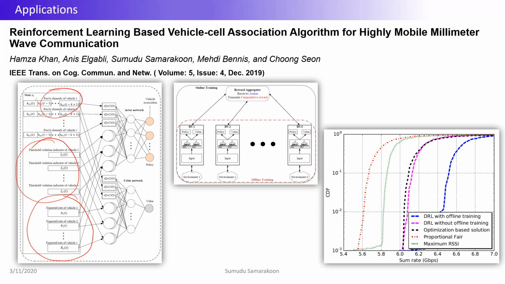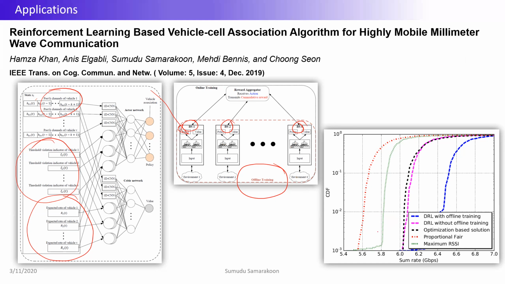The training has been done in an offline manner, considering different environments and training this network at each base station separately, and during the online inference phase, the base stations operate simultaneously.